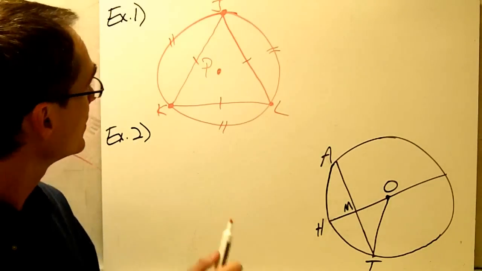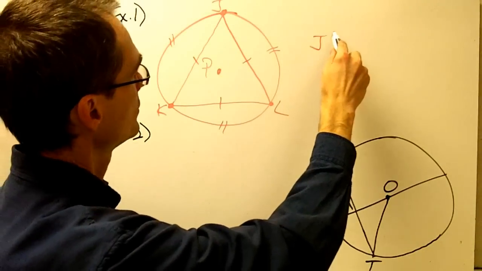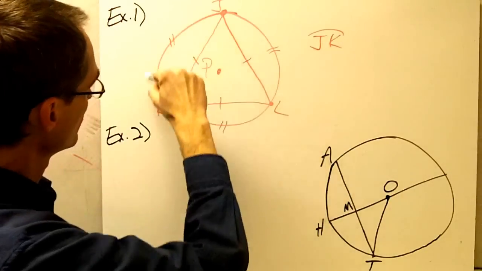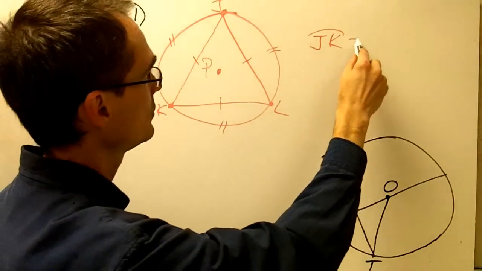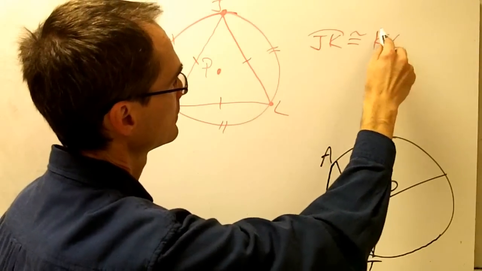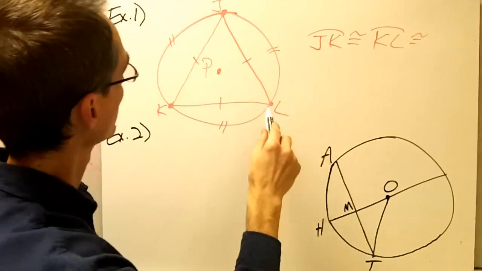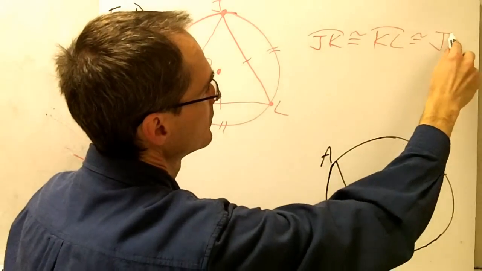So now I can name all of my congruent minor arcs: arc JK, that's this one, is congruent to arc KL, which is also congruent to arc JL.